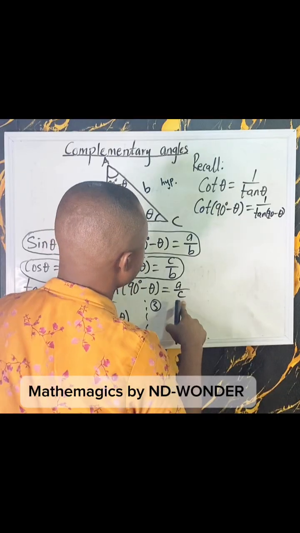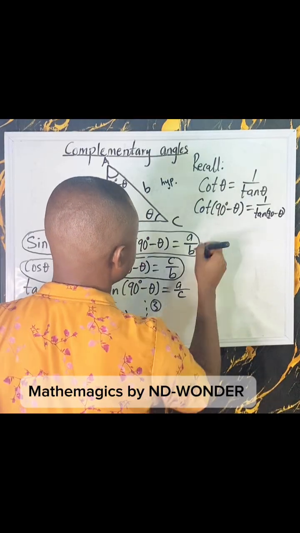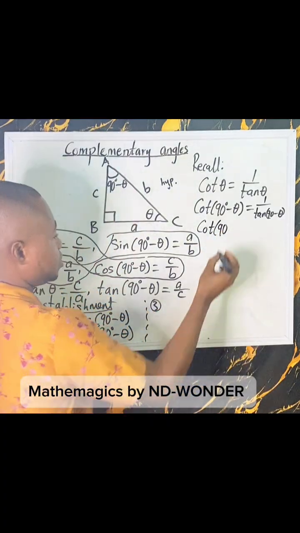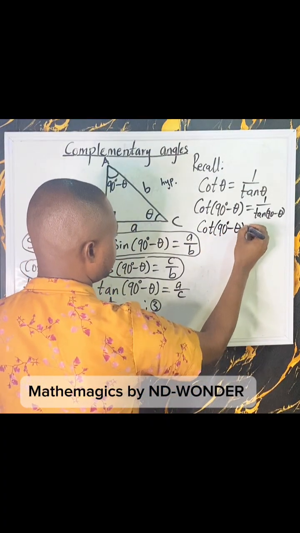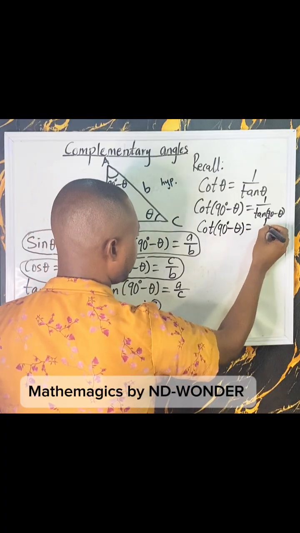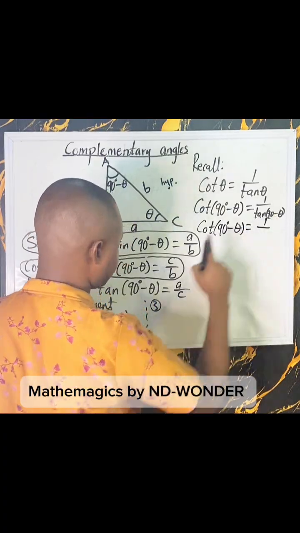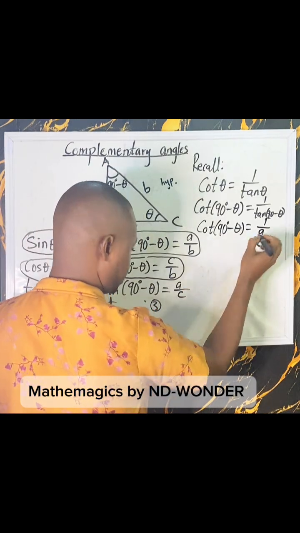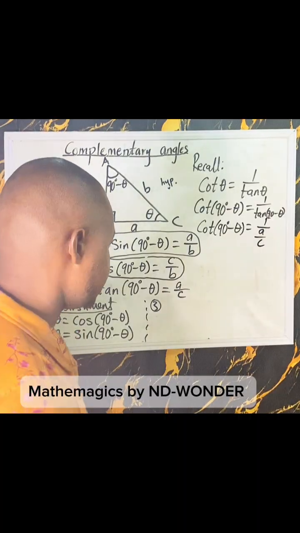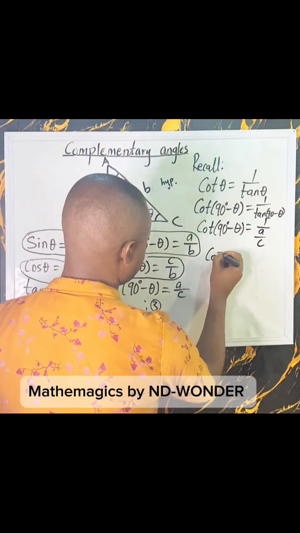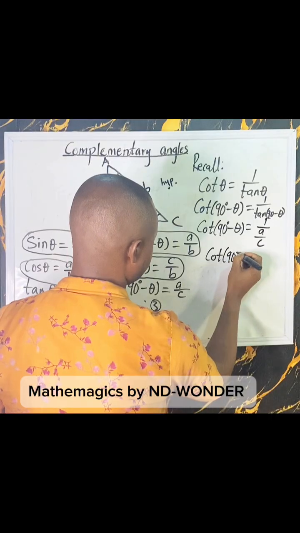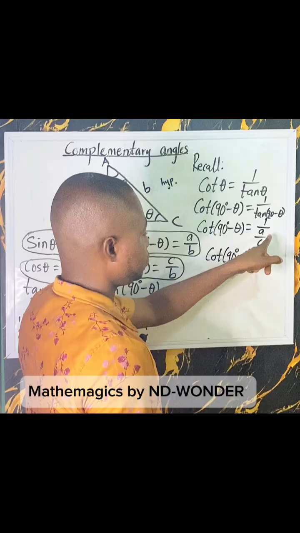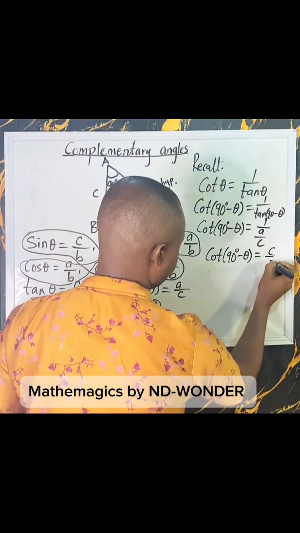So all I need to do here is to say that cot 90 degrees minus theta will be equal to 1 over a over c, because tan 90 minus theta is a over c. Cot 90 degrees minus theta will be equal to 1 divided by a over c, which is c over a.